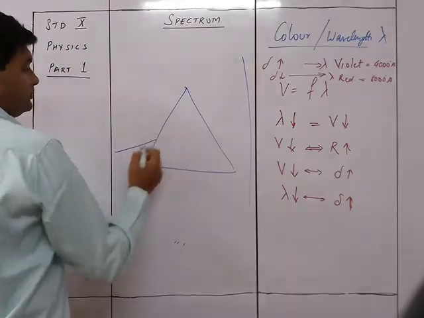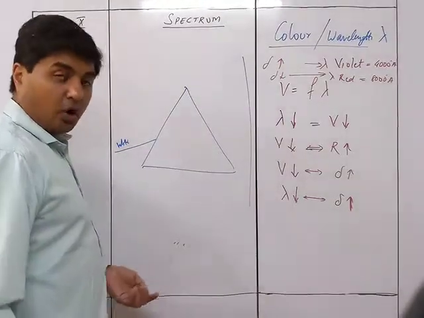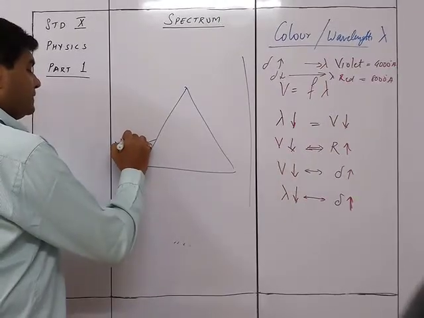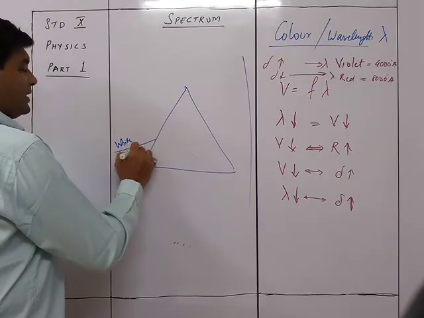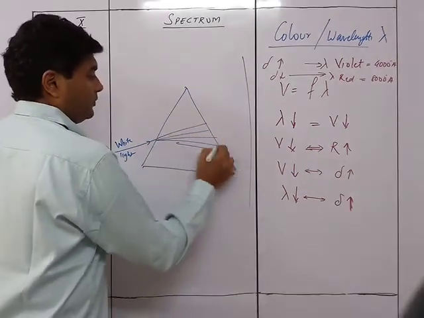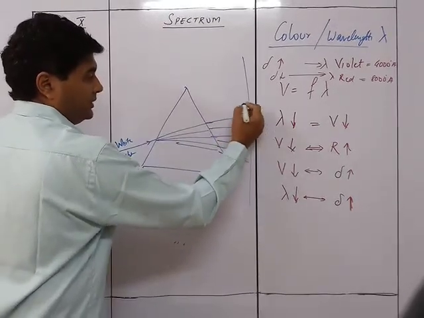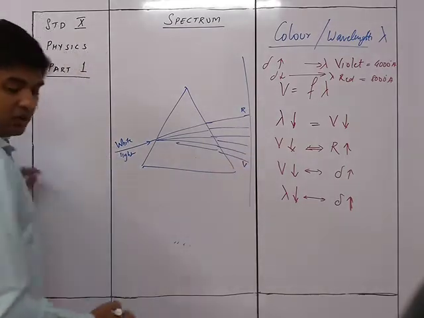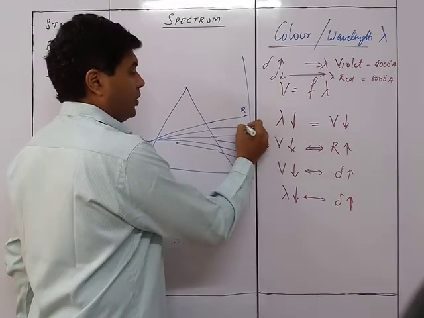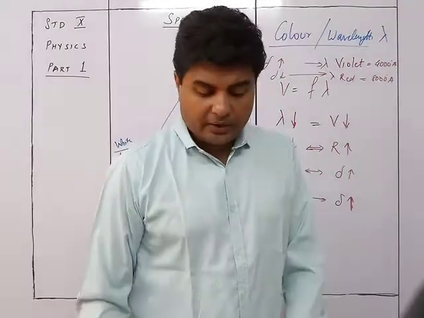He allowed white light, that is the light of normal sunlight, that is polychromatic, through the prism, and he found that it got split like this, and he could get the colors over here, from red to violet. Violet, indigo, blue, green, yellow, orange and red is what he saw on the screen. So this is what he got from the experiment.